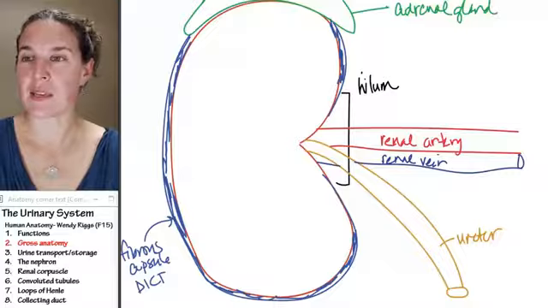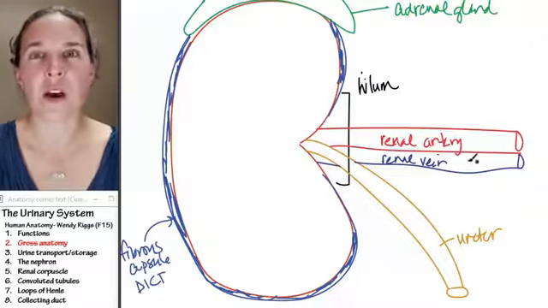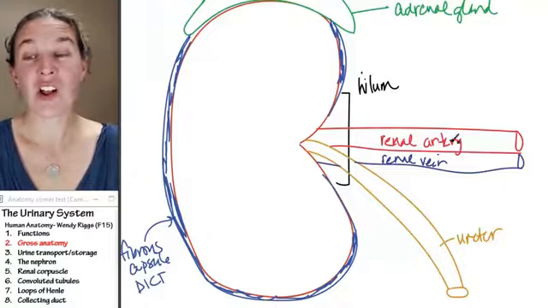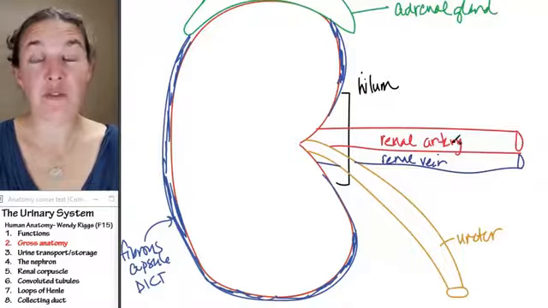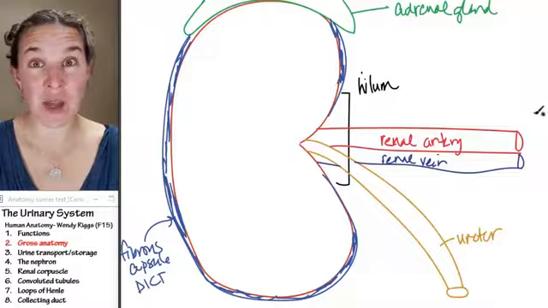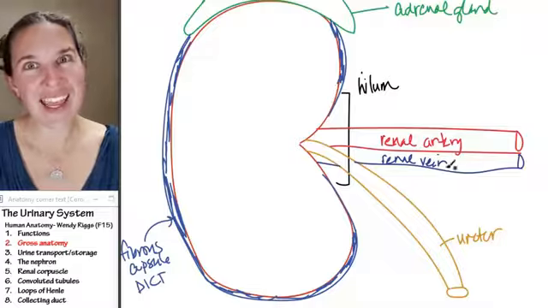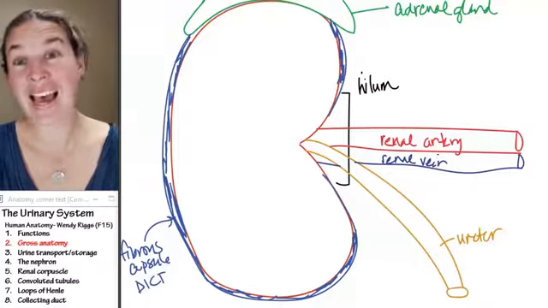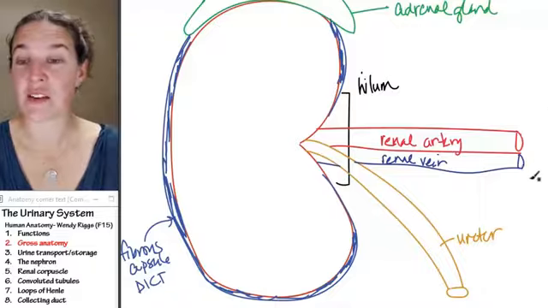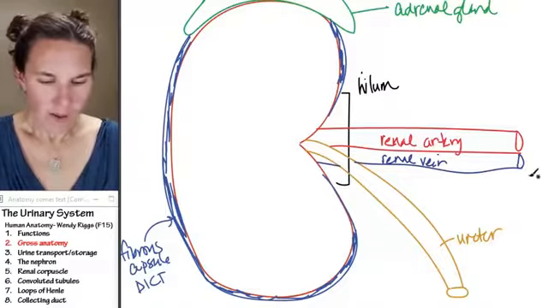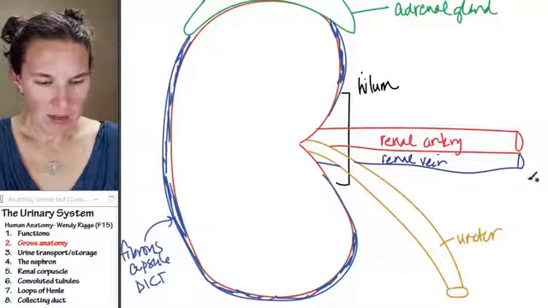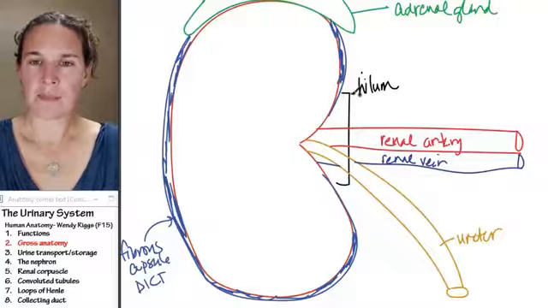I'm just going to make these little ends so that you can see that that's just a blood vessel. Where do those go? Well, the renal artery brings blood from the descending abdominal aorta. The renal vein takes blood from the kidney back to the inferior vena cava. I think that's everything that I want to do externally.